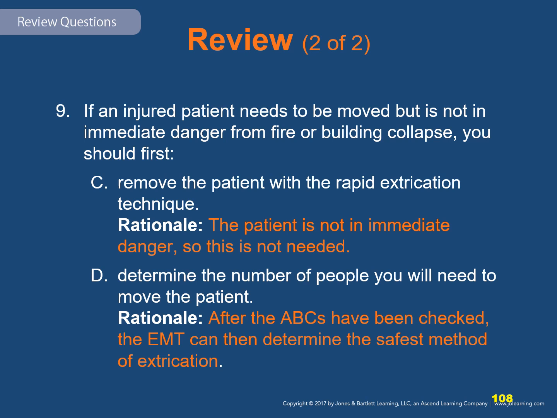That's unnecessary because the patient is not in immediate danger. Or D, determine the number of people you need to move the patient. This is incorrect because after the ABCs have been checked, the EMT can then determine the safest method of extrication. Always check the patient's ABCs first if the patient and scene are safe enough for you to do so.